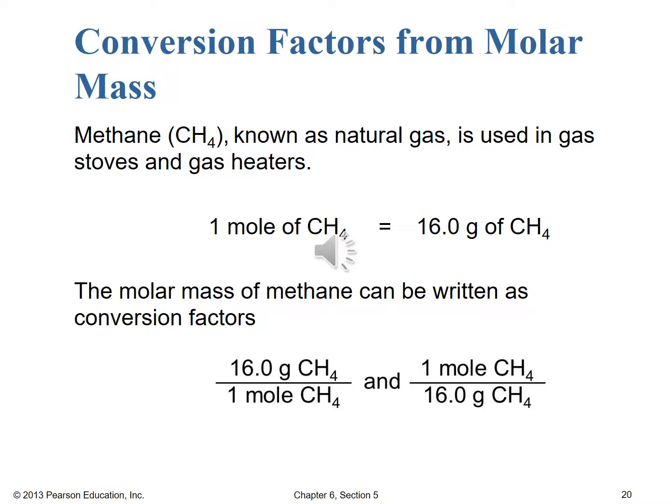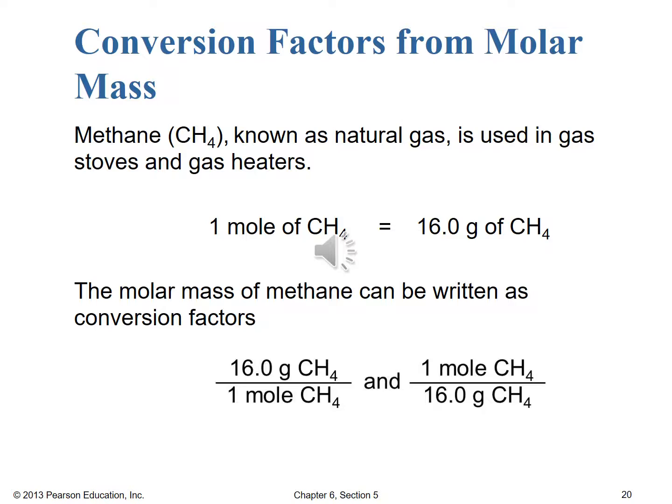So now that we've gotten a little better, I hope, at molar mass determination, let's consider using molar mass to generate conversion factors. So methane, CH4, also known as natural gas, is used in gas stoves and gas heaters, very common in our area here in the southern tier of New York. 1 mole of methane, CH4, equals 16.0 grams of methane, 12.0 grams from the carbon, and then 1.0 grams from each of the 4 hydrogens for that total of 16.0 grams.